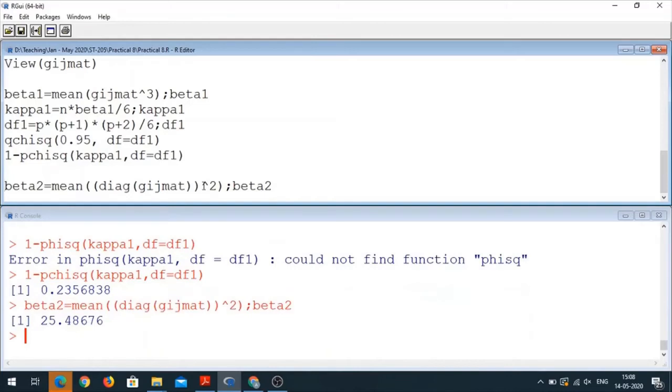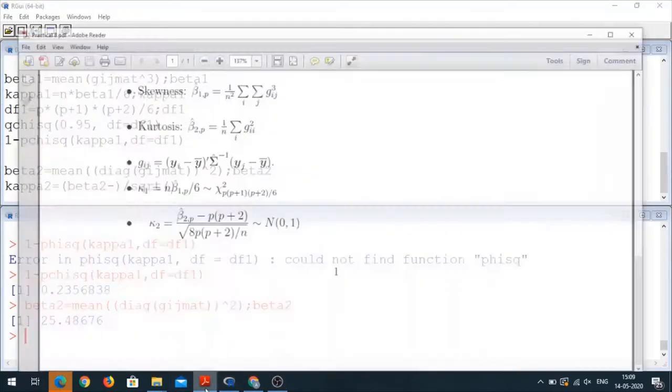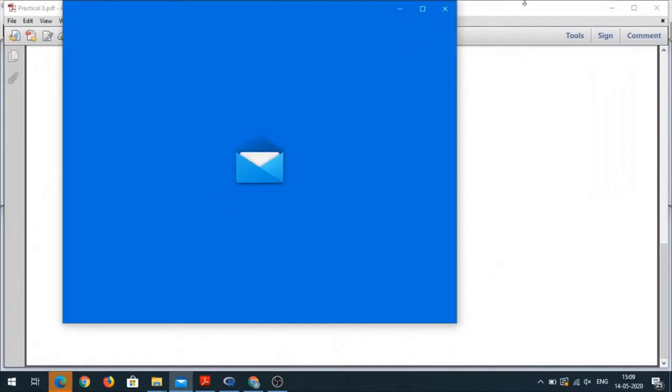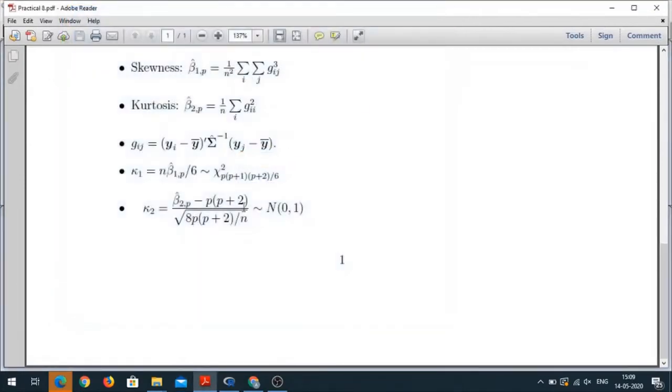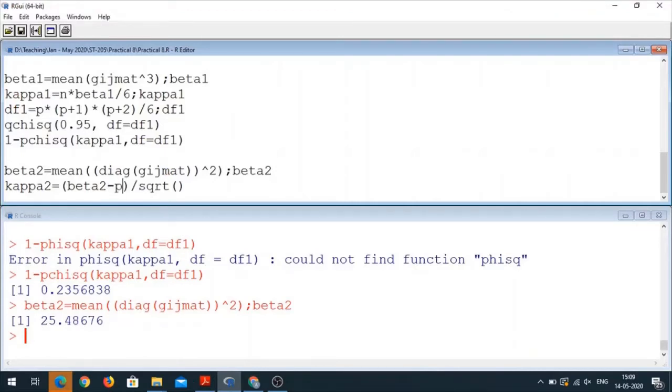The value is this, and now kappa 2 is, you need numerator as well as denominator because there is some divisor. So it is beta 2 minus something. Let us check the formula. Sorry, beta 2 minus p into p plus 2. Okay, p into p plus 2 and p into p plus 2.